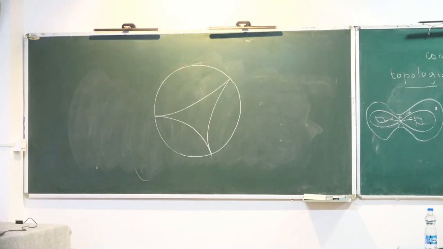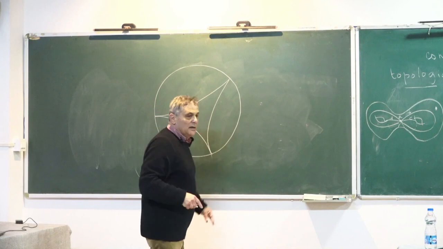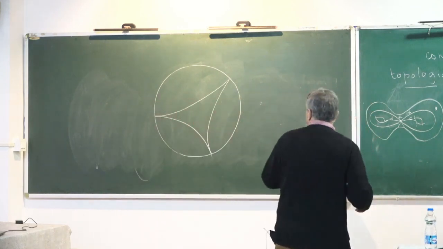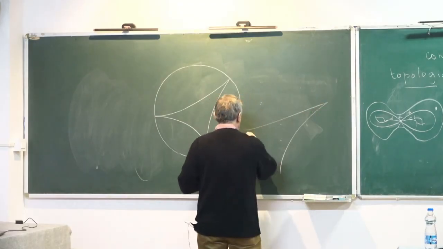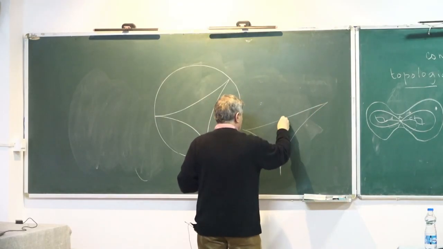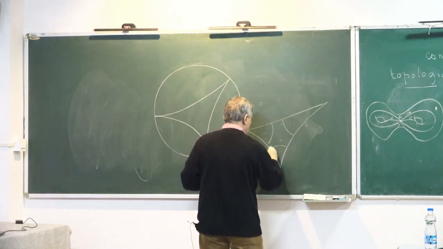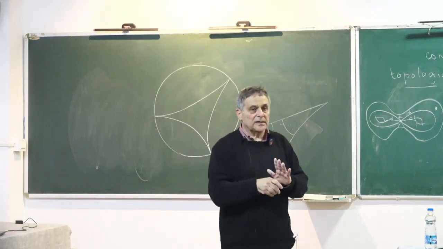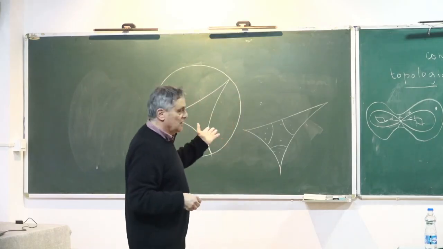Let me see now. So I take a hyperbolic ideal triangle, and in fact, 2 hyperbolic ideal triangles, and I glue them along their edges. What do I get? I have taken 2 ideal triangles and glued them along their boundary components. I get this surface.